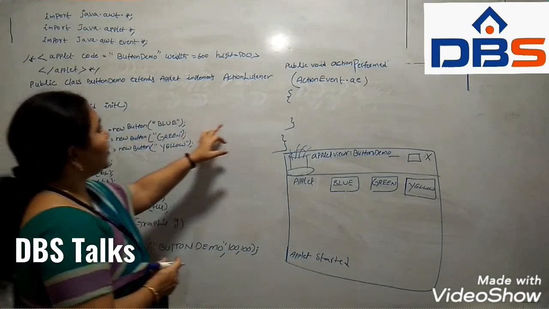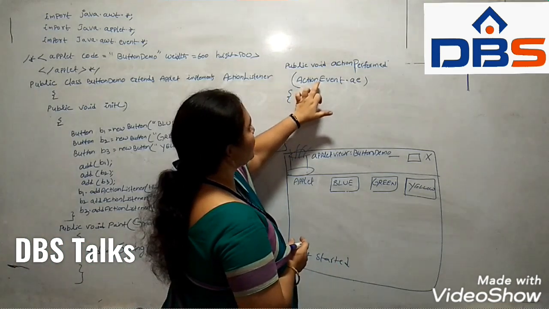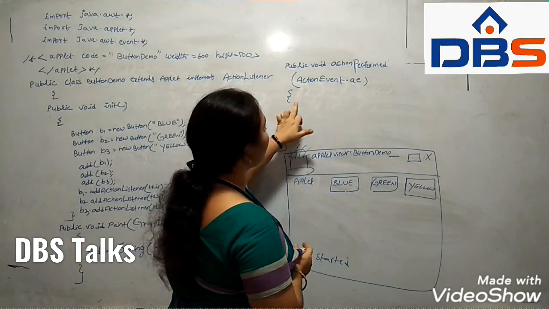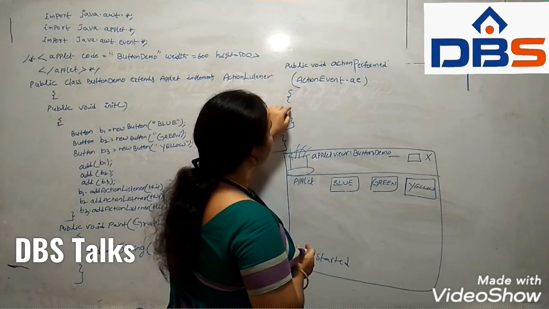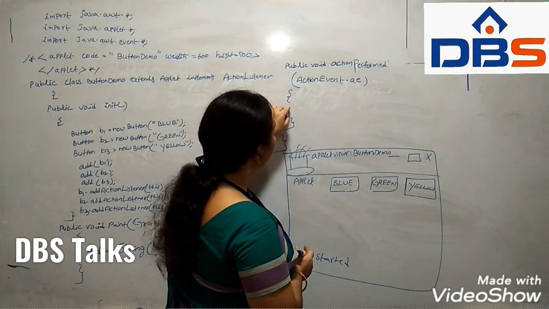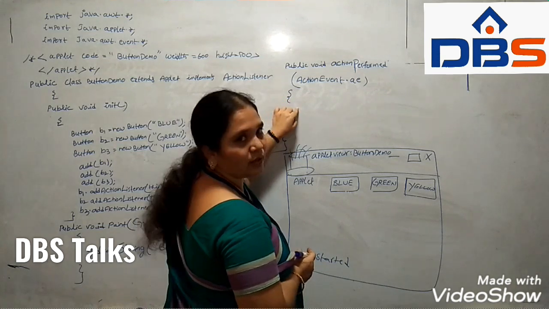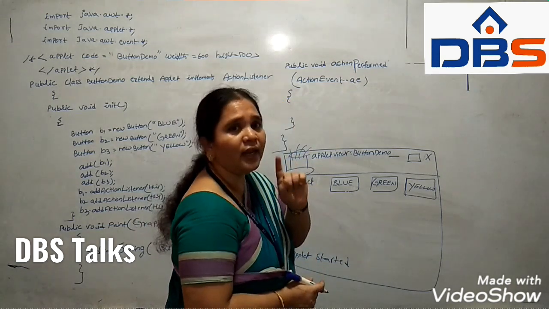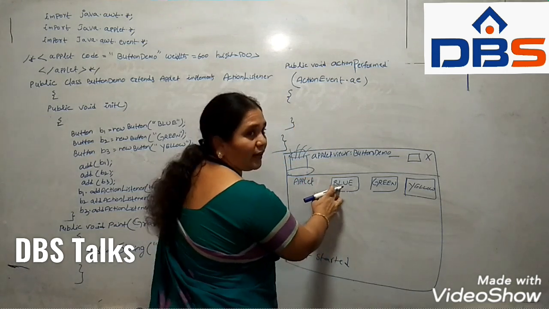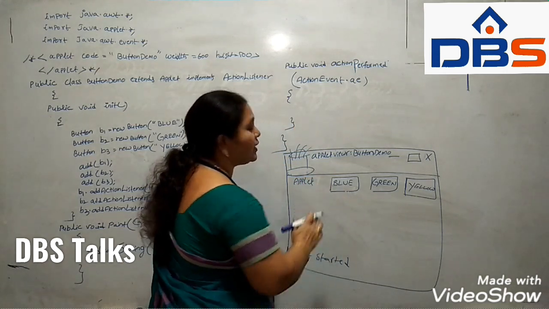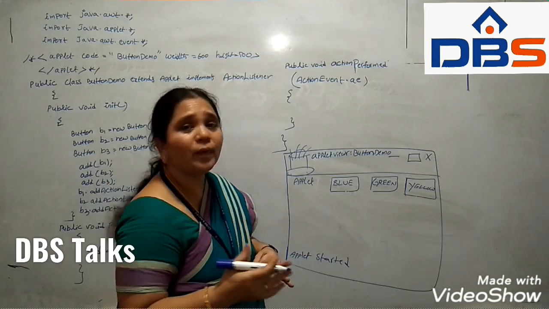So here I am writing an empty method. I am not performing any action here. What is the meaning of this? Here I have not written any action, so no action is performed. When you click on this button, some action needs to be performed.